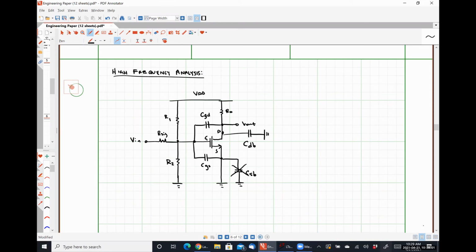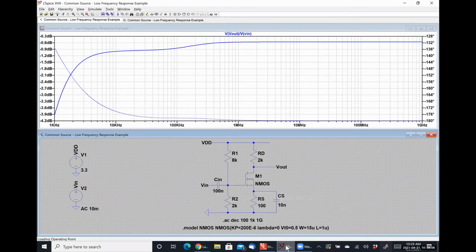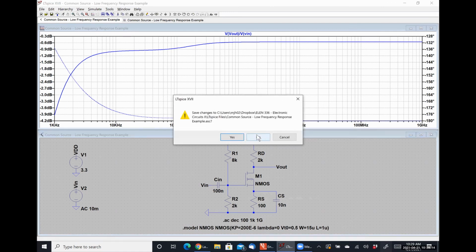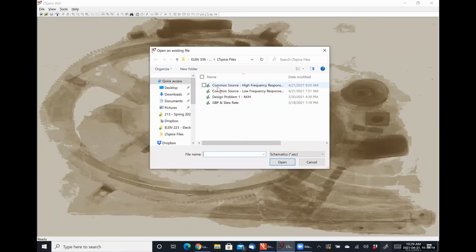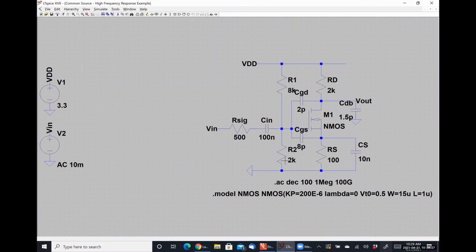So we are operating at a frequency where CS is doing effectively nothing. Now let me prove this to you. Because it is a short circuit, you can ignore the resistor, but I drew our circuit with our AC coupling capacitors, our bypass capacitor, as well as our high frequency capacitances, okay?